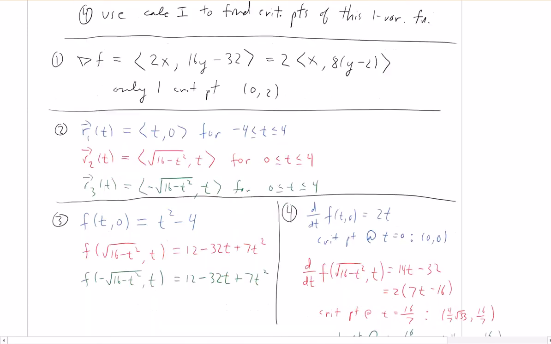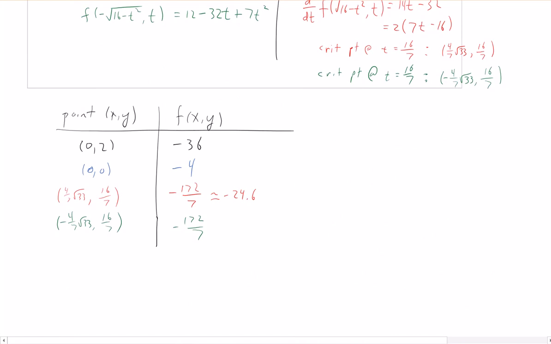So those points would be negative 4, 0, 4, 0, and 0, 4.